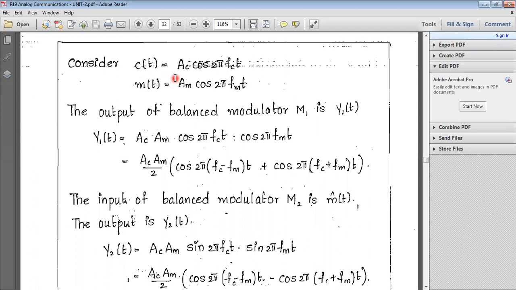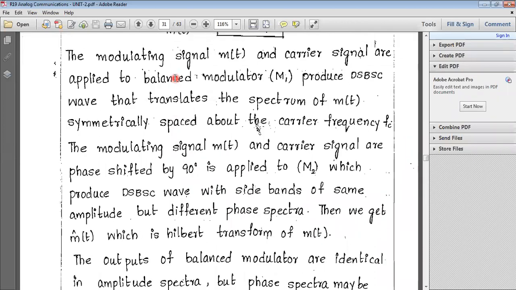Let us consider the carrier wave C of t is AC cos 2 pi FCT, and the message signal M of t is AM cos 2 pi FMT. Observe the circuit. What is the output of the first balanced modulator?